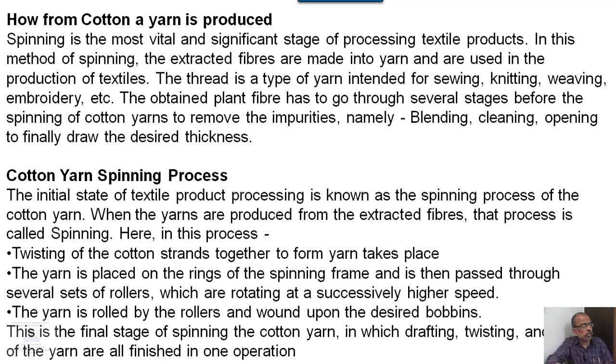In the succeeding stages, the cotton passes through different processes of the textile mill in the spinning department, and then finally the yarn is prepared, passed again through some checks, and converted to a cheese or cone, and the package is made ready for further processing, that is winding, warping, sizing, etc. Of course, in the winding department yarn packages are prepared, and then further subjected to the weaving process or knitting process.